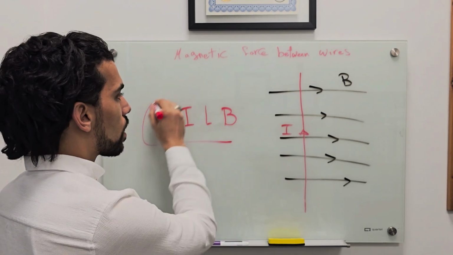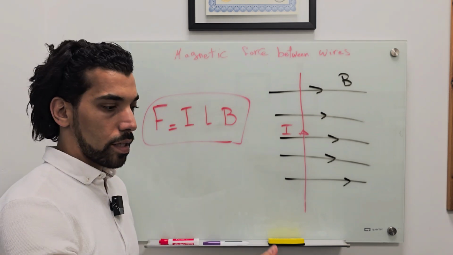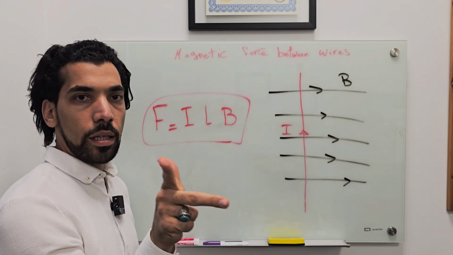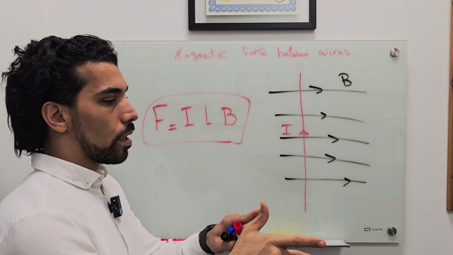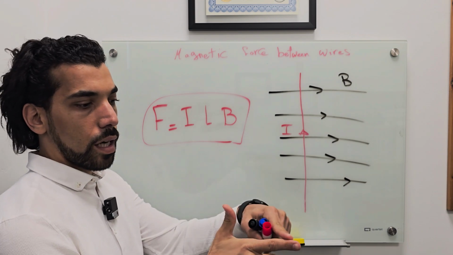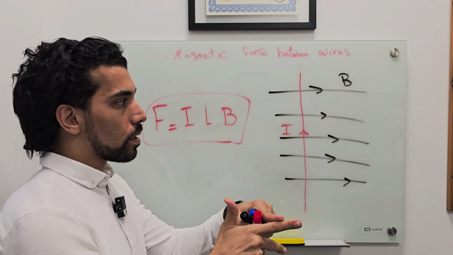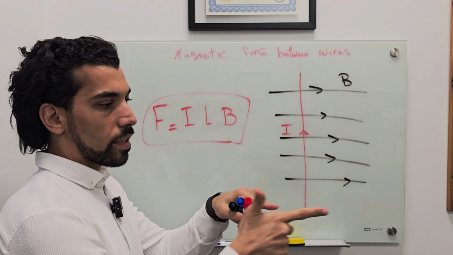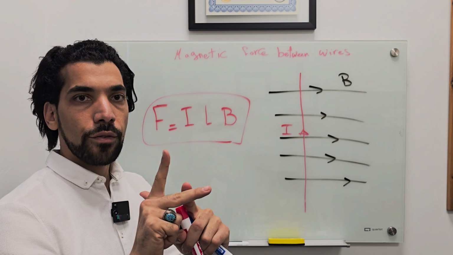And for the force direction, we use the second right hand rule. So basically you make your fingers like this. This one would point in the direction of the current, and this finger is directed to the magnetic field direction. So the middle finger is going to point to the force direction.